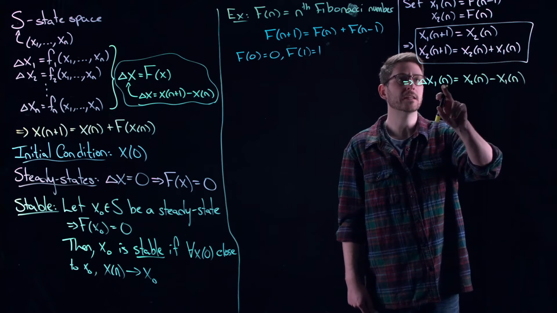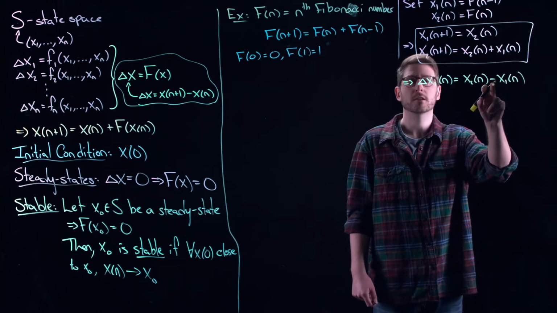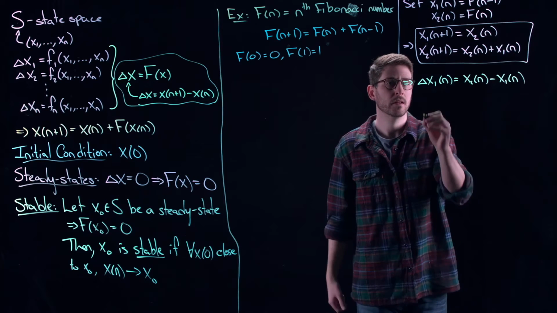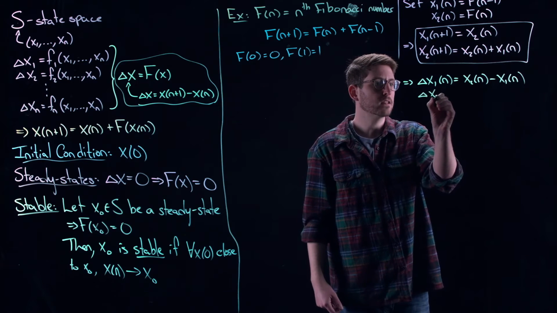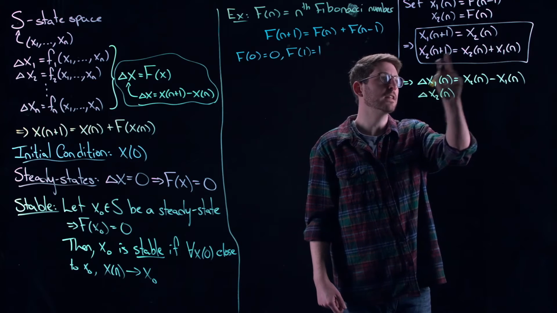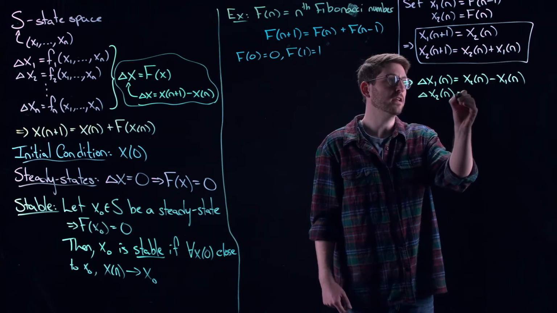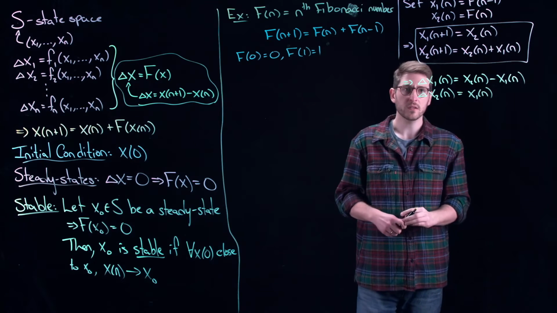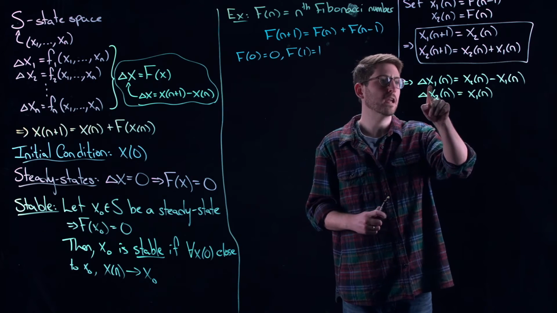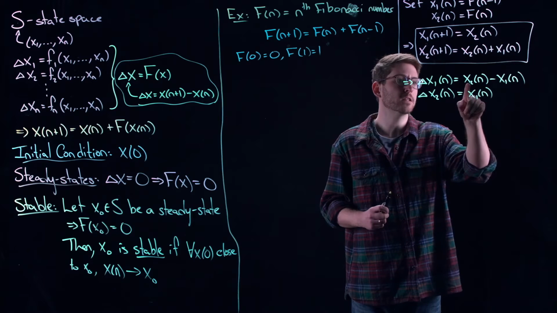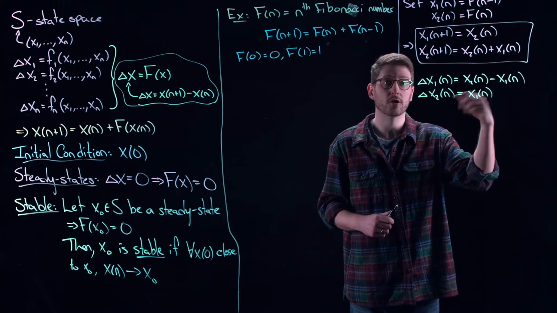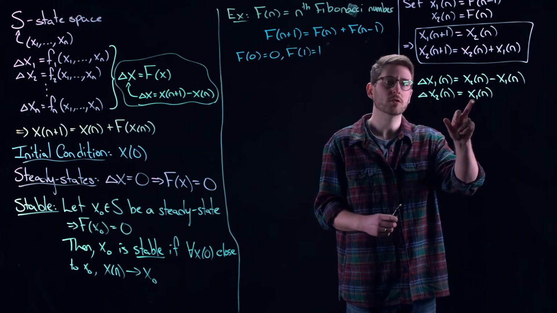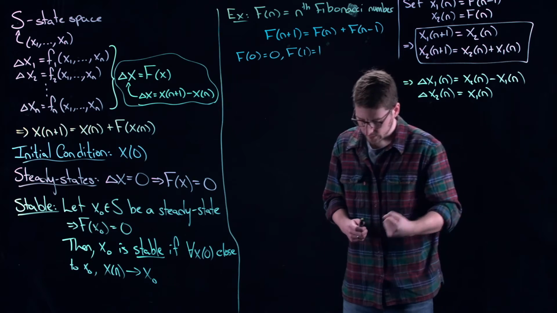The way I got the delta here is I subtracted x1 of n from both sides of the equal sign to preserve the equality. Similarly, I can subtract x2 from both sides of this piece right here, and now I get x1. So that tells me the change in x1 comes from the difference between x2 and x1 at your current step. The change in x2 is just equal to whatever your value of x1 was.